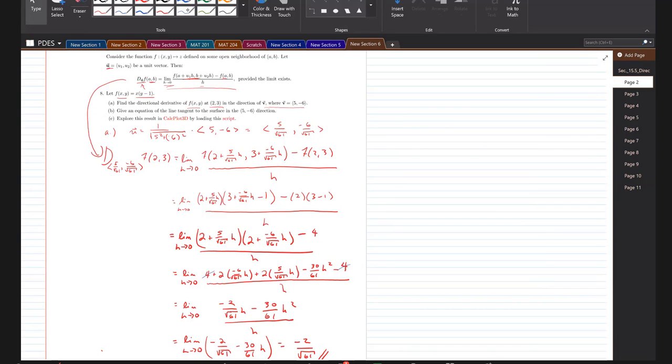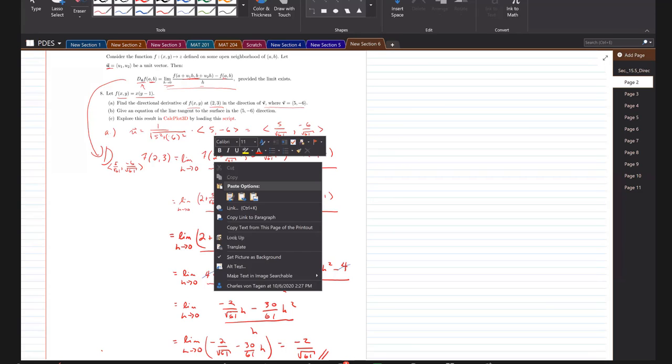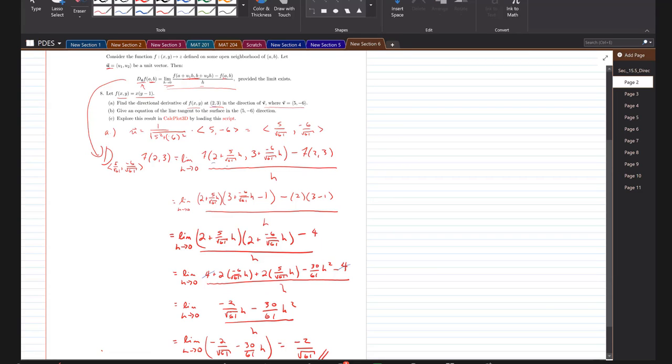Okay, so just to emphasize again what we did, we took this a coordinate here, which was the x coordinate 2, and then we nudged a little bit in the x direction, but proportional to how our unit vector was created. So we moved it a little bit in the x direction proportional to the x component of our unit vector.